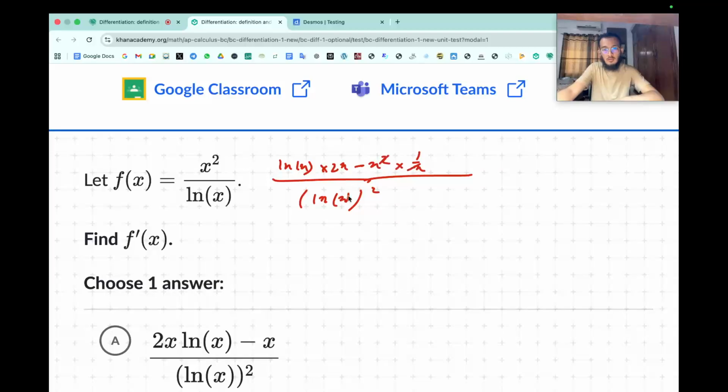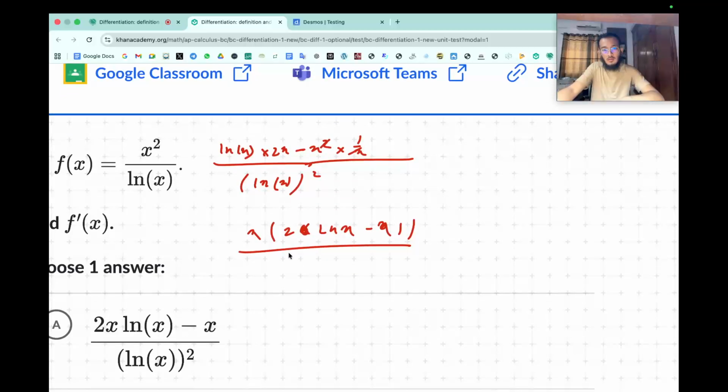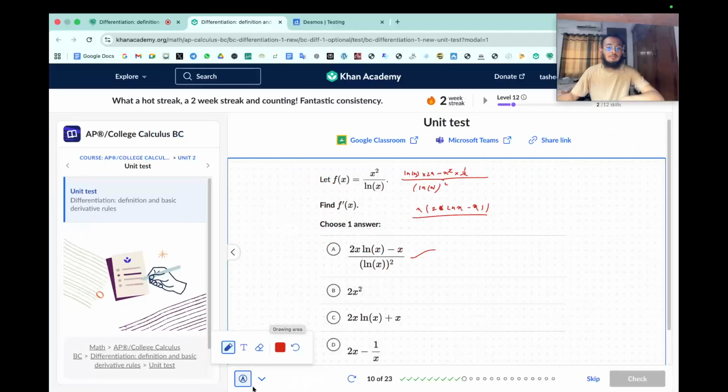This gets cancelled out. We have 2x ln x minus x, and we can also take out x common to get 2 ln x minus 1 into x, or 2x ln x minus x. This is correct.